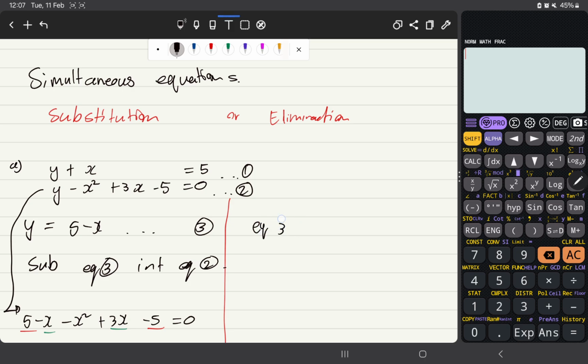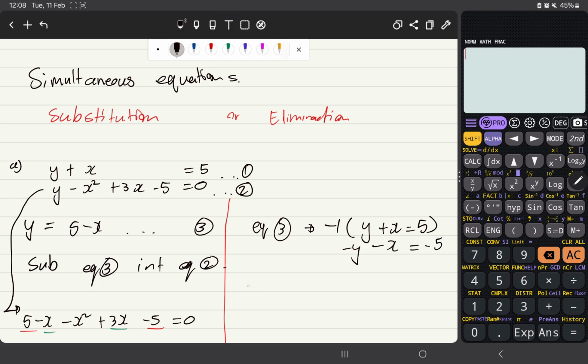You can say your equation 3 will be negative 1 multiplied by y plus x equals 5, right? And what do you get? You get minus y minus x equals minus 5, right?